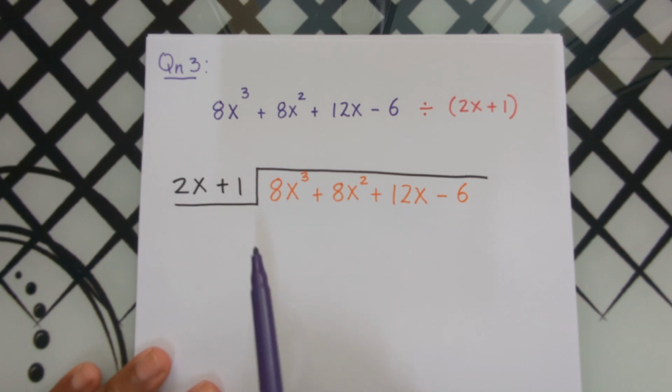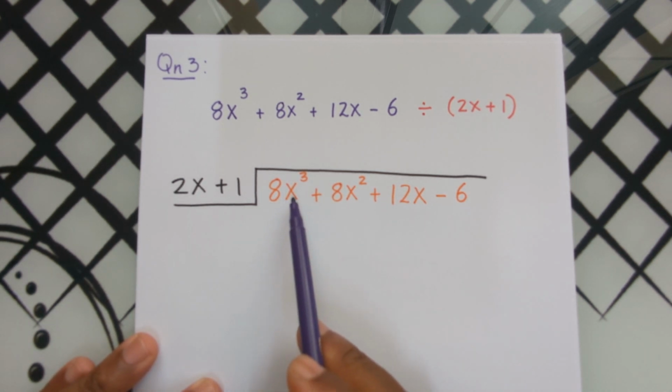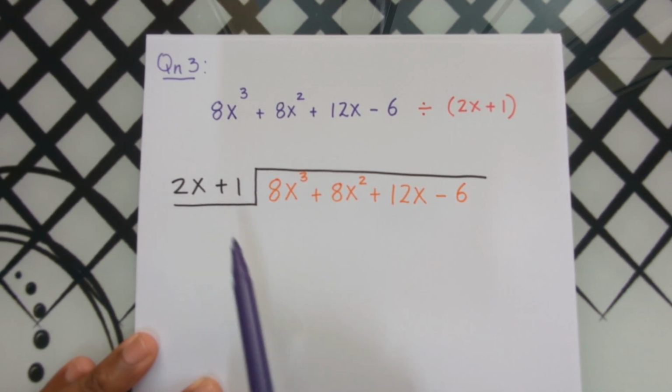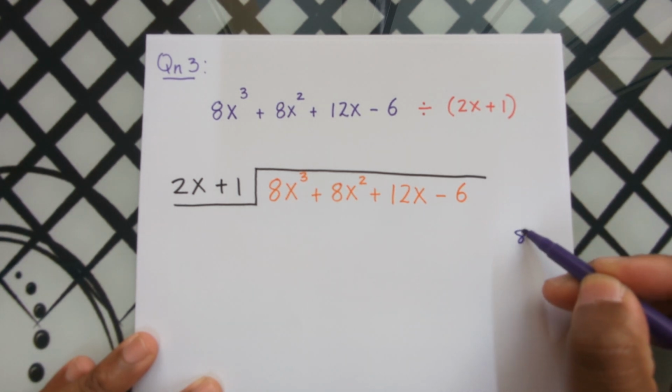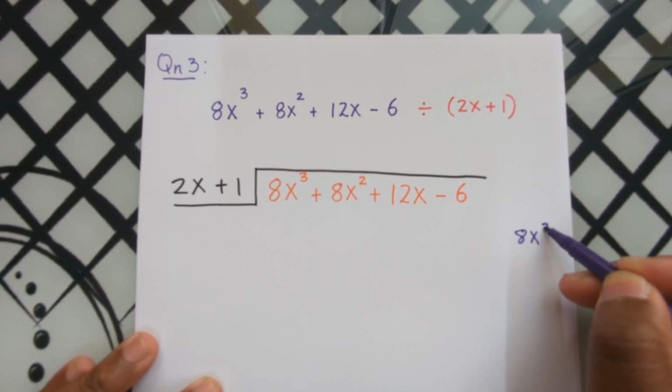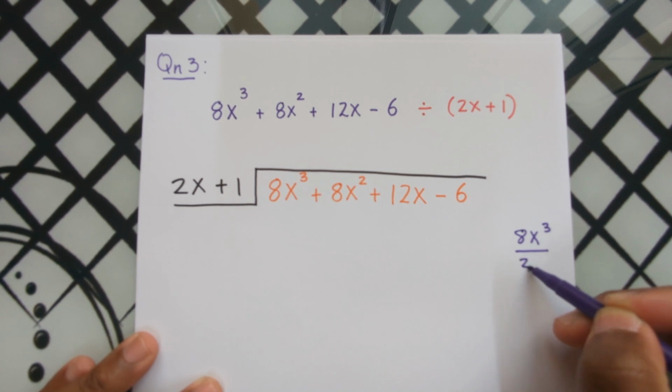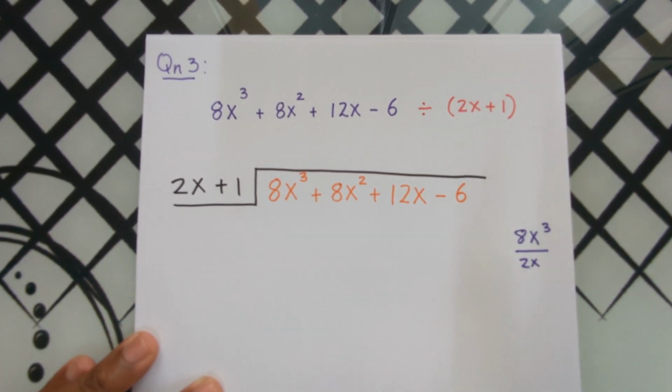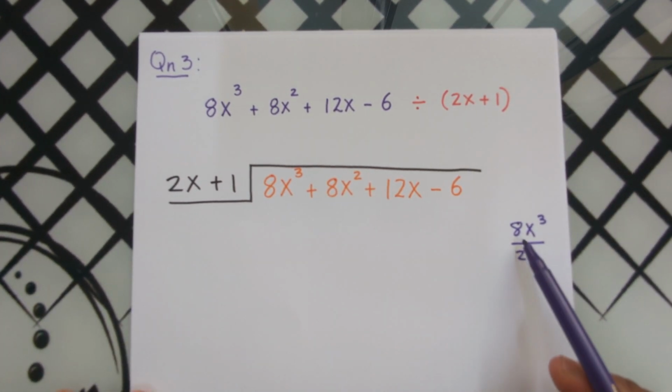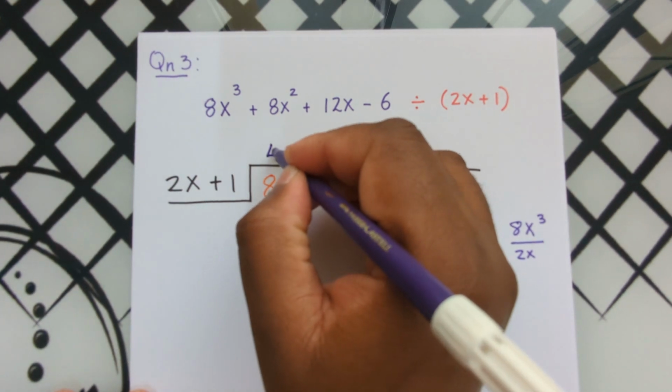Our first step is to divide 8x cubed divided by 2x. So dividing 8x to the power 3 divided by 2x, 8 divided by 2, that's 4.